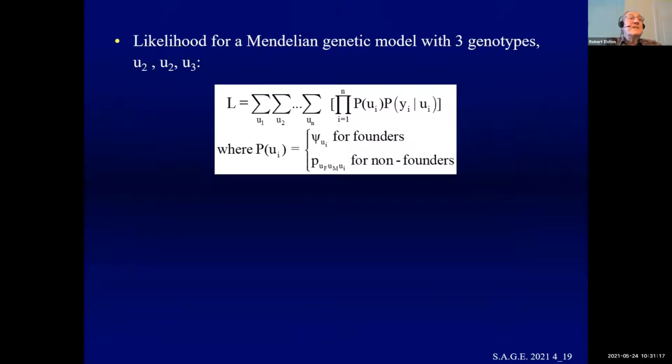You can see it's a summation, and psi_U, the probability of U, is the population genotype probability for founders, and the others are the probability that an offspring from the father U_F and mother U_M have genotype U_i.